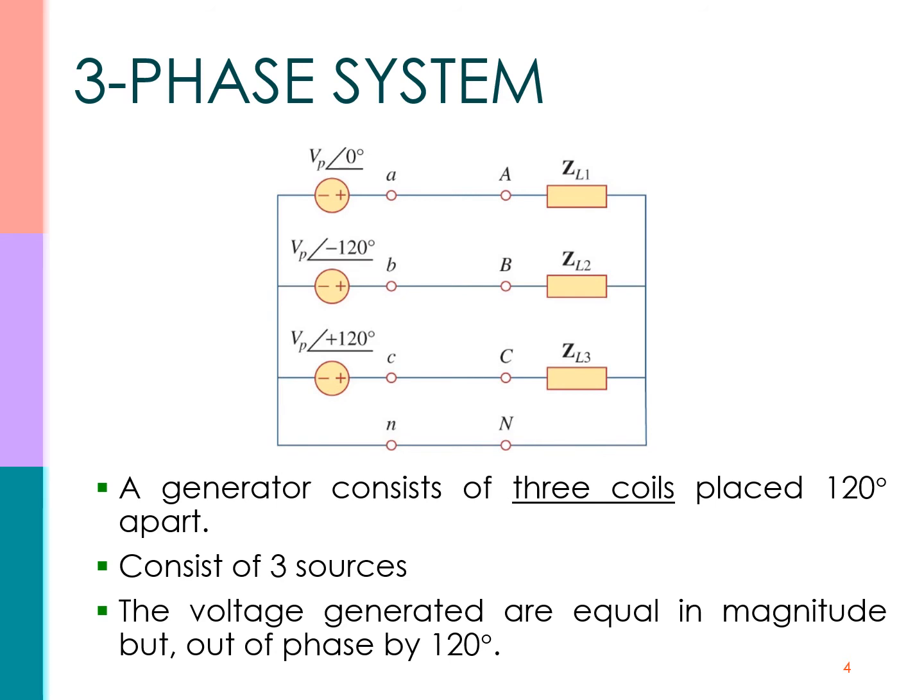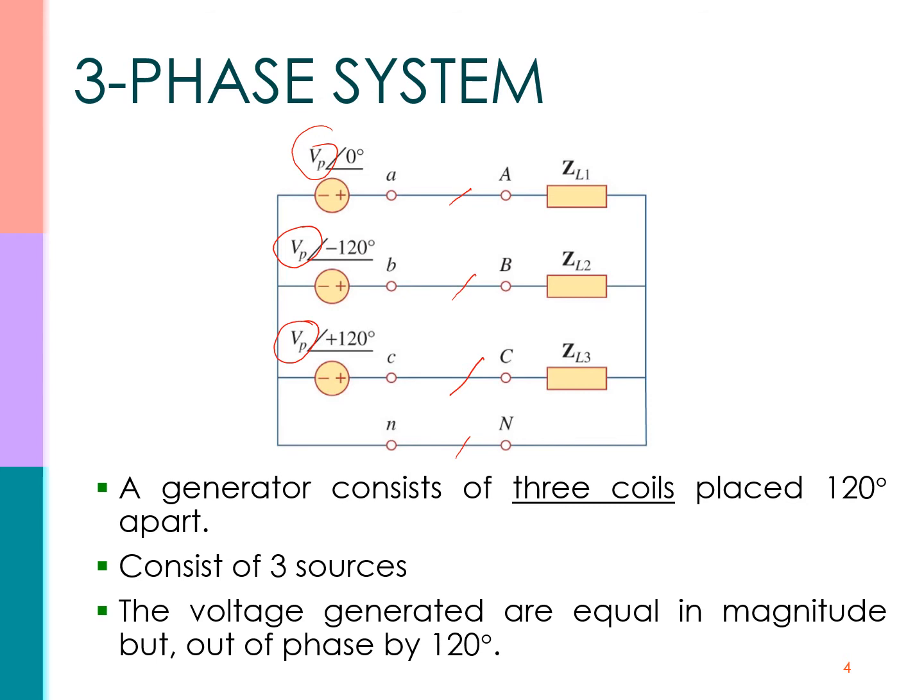A three-phase system is produced by a generator consisting of three sources or three coils, having the same amplitude and frequency but out of phase with each other by 120 degrees. You see that we have three lines, line A, line B, line C, and one neutral line. We have three input sources with the same magnitude and frequency but different angles.